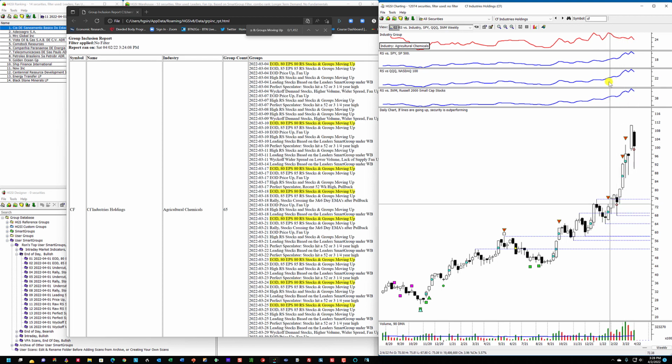Even though this looks really strong, other stocks in the group were outperforming. But it is important that these stocks outperform these indexes. So that's why I put these charts in my new add-on file for Insider Club members.